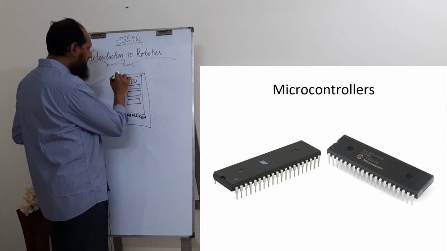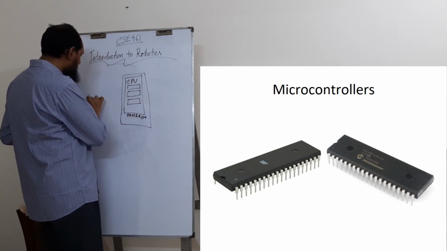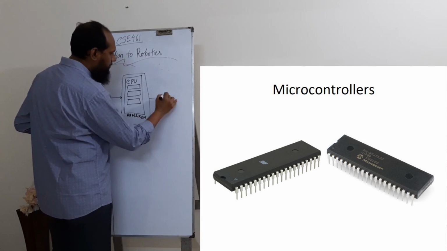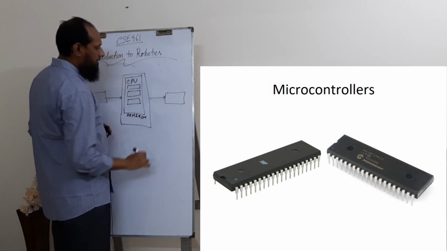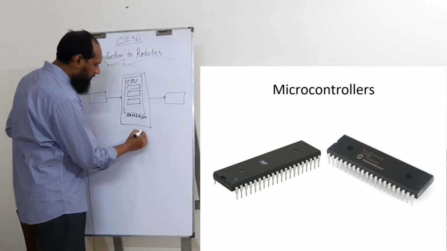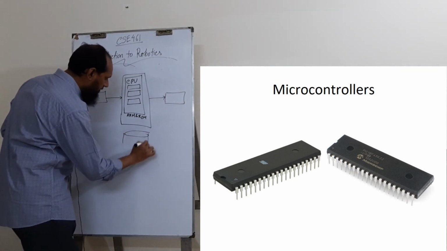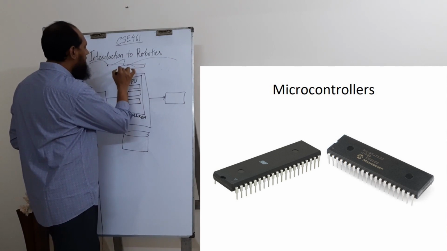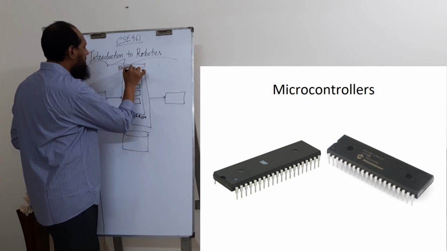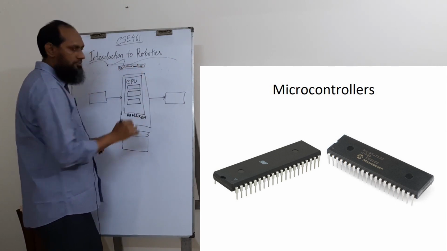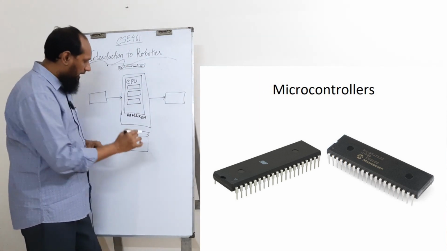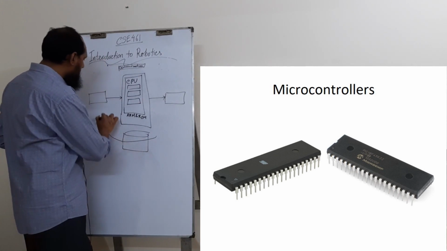Then an input unit can communicate with our computer, and an output unit can be used on a computer, and we can also have some secondary storage, and some communication. A microcontroller actually has all these things together.